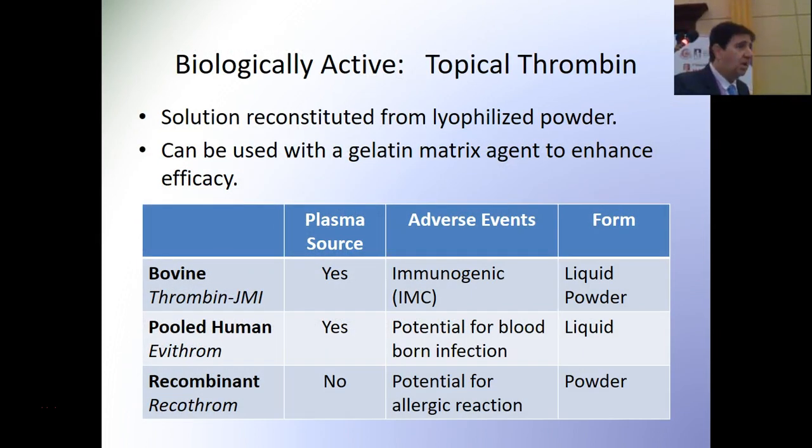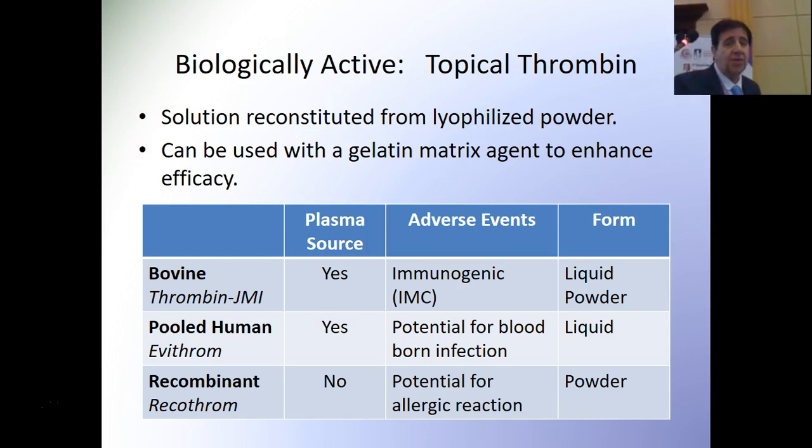Now, turning to the biological active agents. We'll start by talking about the topical thrombin, and once we reach those agents, we need to know that they are much more expensive than the previous agents, but many studies have shown that they are more effective than the previous agents.